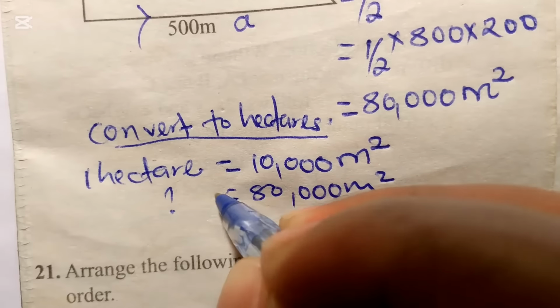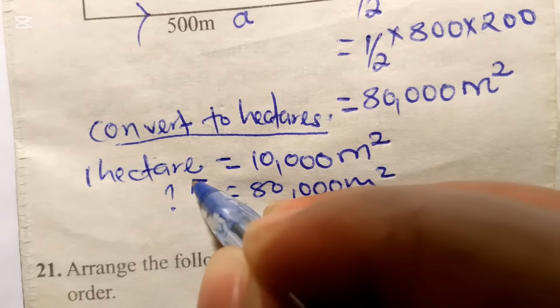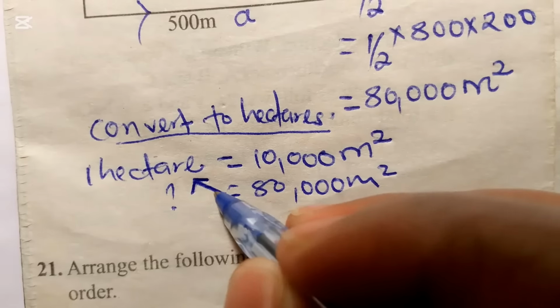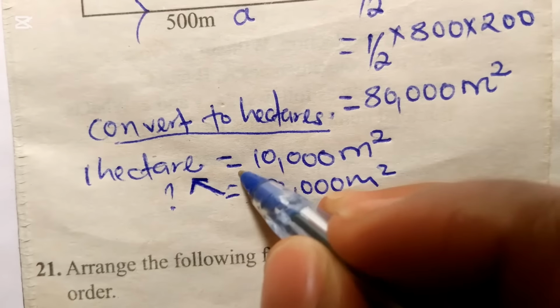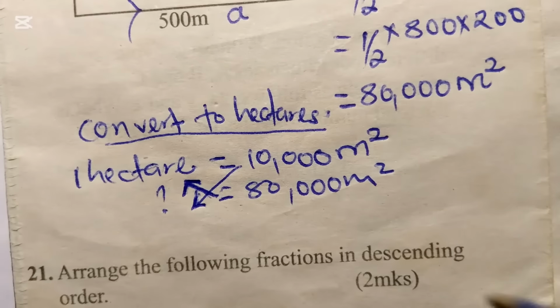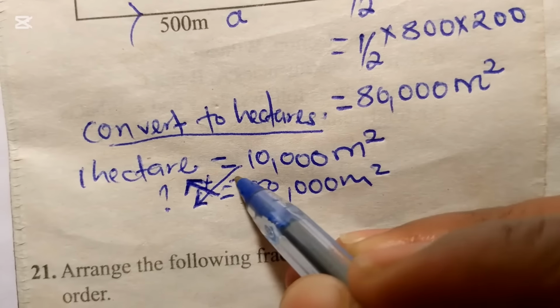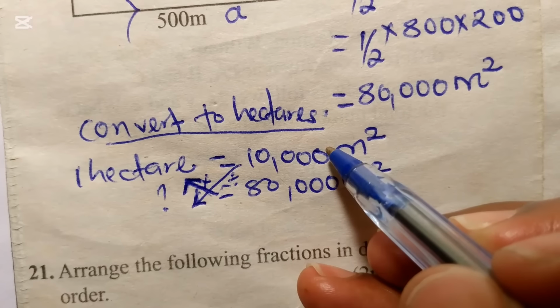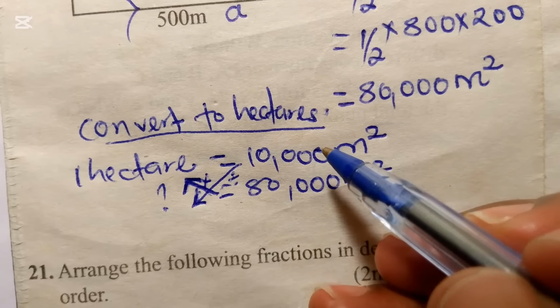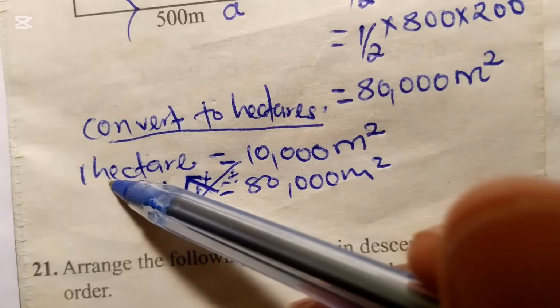So we multiply by crossing the arrow. Then the one that does not have a partner, we are supposed to divide with that. So this one we multiply, then we divide by this one. Some learners take this times this, then divide by this.